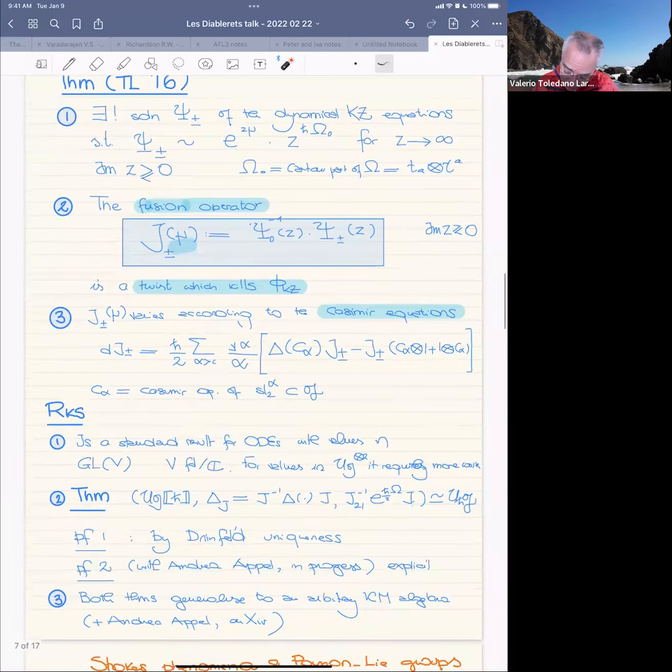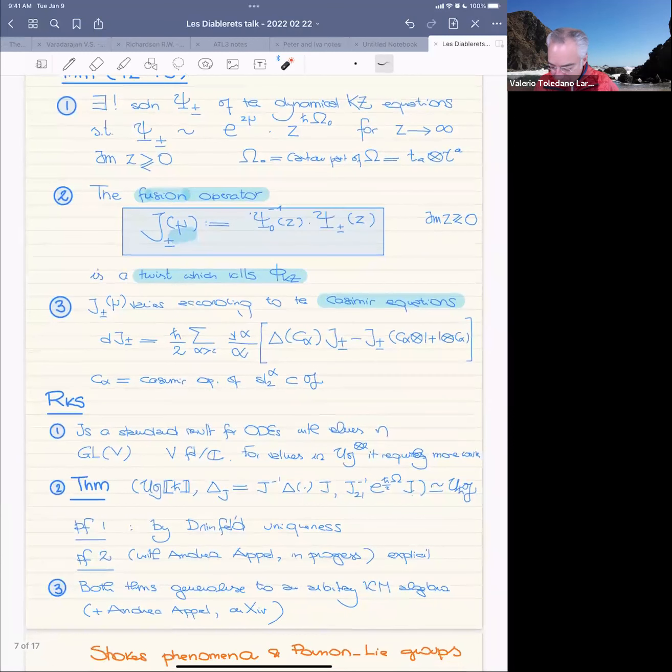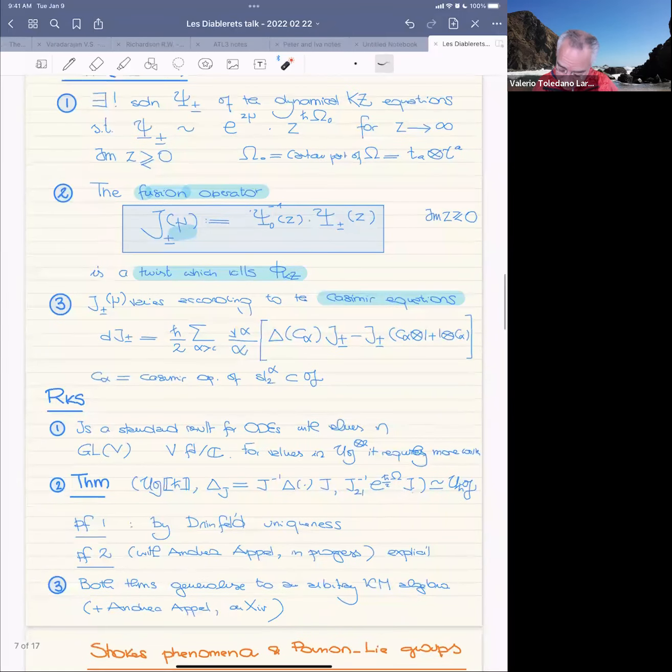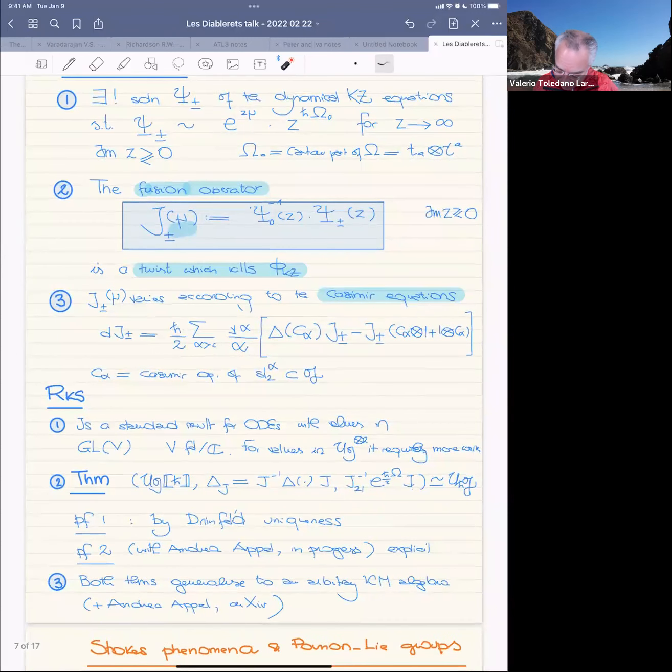And you can give two proofs of that. The first one is a general result of Drinfeld, Drinfeld uniqueness, but it's not a constructive isomorphism. And then in collaboration with Andrea Appel, we're actually working out an explicit isomorphism of this twisted enveloping algebra with the Drinfeld-Jimbo quantum group.